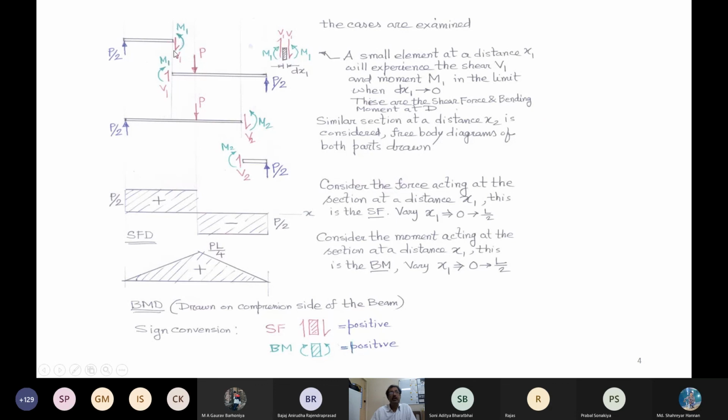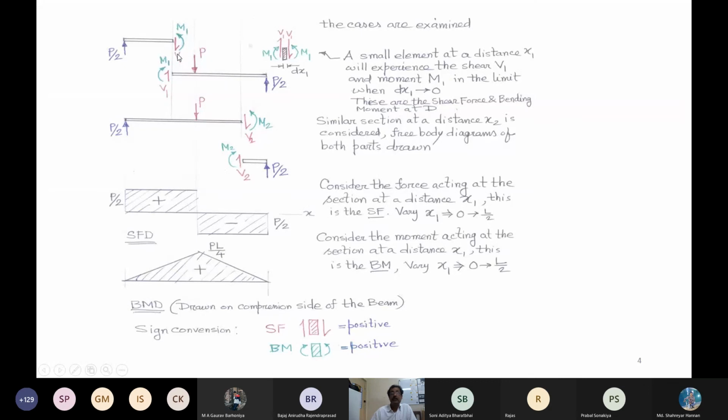I will never draw it upward. And when I draw the right part, I will never draw it downward; I draw it upward. That is what I have agreed. Now, from the calculation, if I find V1 comes out positive, I was right. If V1 comes out negative, then I was wrong. That means I have a negative shear.